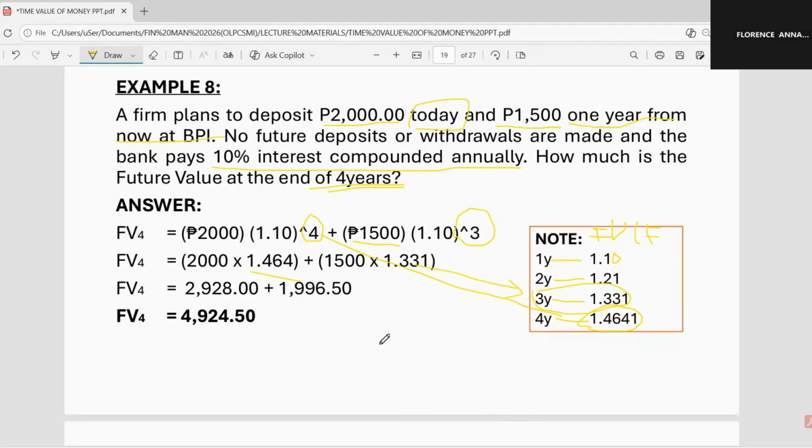So, we can now compute. 2,000 times 1.464, you'll get 2,928 plus yung 1,500 times 1.331, you'll get 1,996.50. You add that, plus 2,928, you'll get 4,924.50, your future value at the end of 4 years.